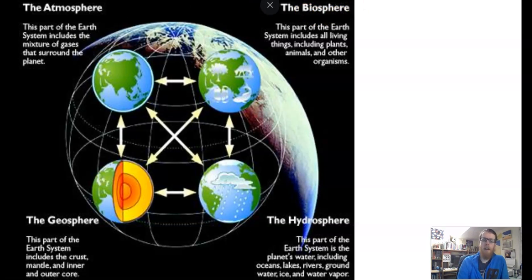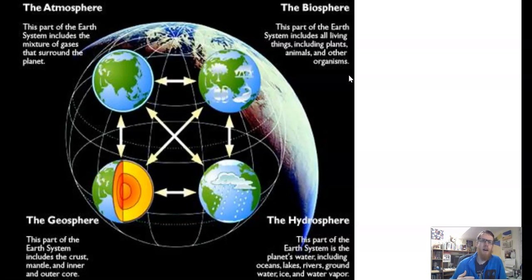The biosphere is the living things. That's plants, animals, but also algae, bacteria, fungus, and viruses count in the biosphere. Anything affecting living things.